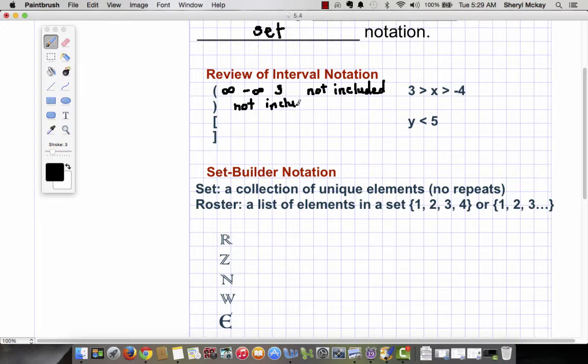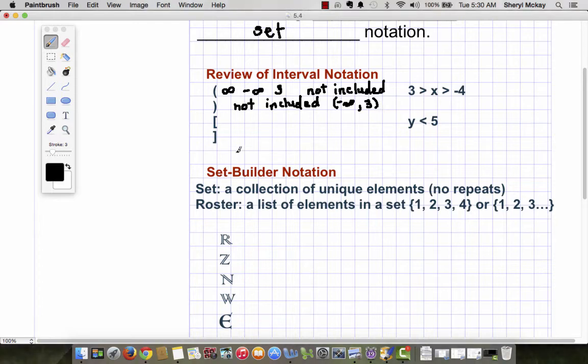Okay? So an example could look like this. Negative infinity to 3. And all that means is the interval starts in negative infinity and we never reach negative infinity, so it's a curved parenthesis, and then it ends at 3 but doesn't ever reach 3, so it doesn't include 3.